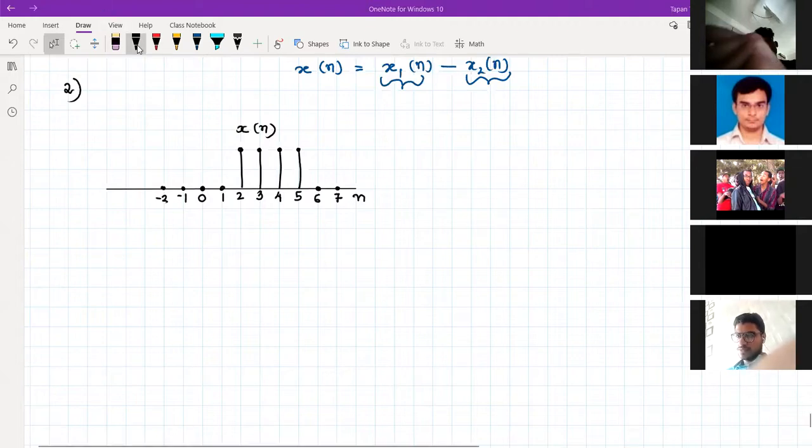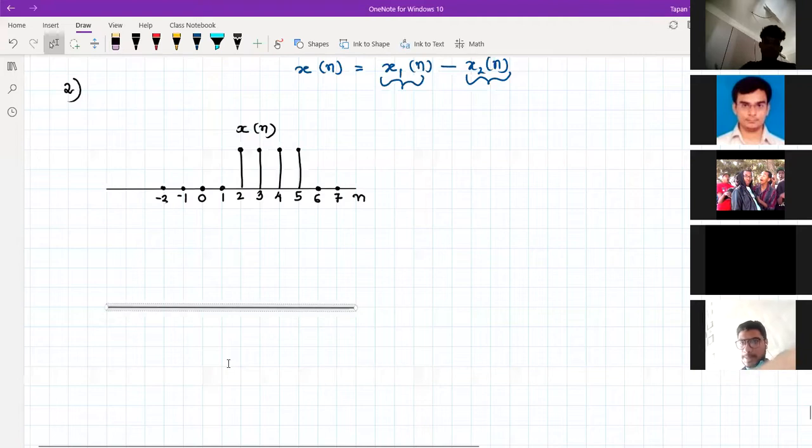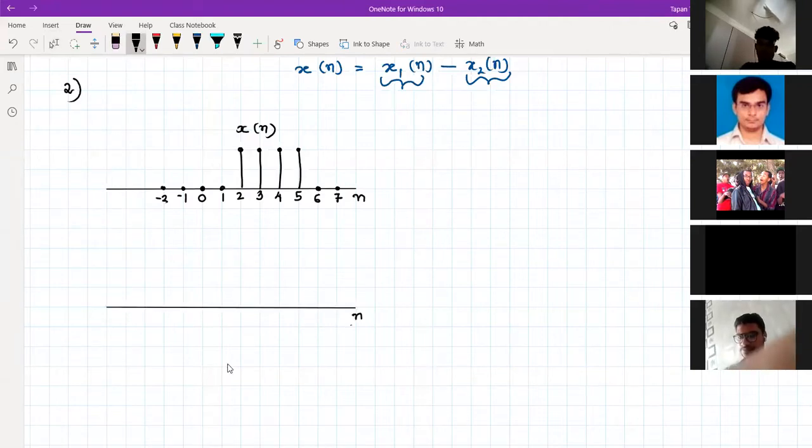Okay, let me draw the first signal and see if you can get. So here it is 0, 1, 2, 3, 4, 5, 6, 7, -1 and -2.